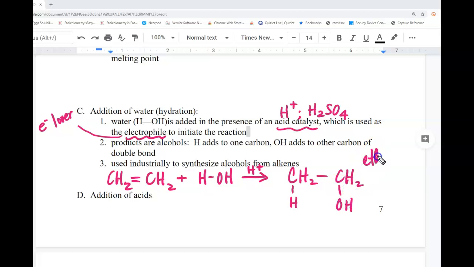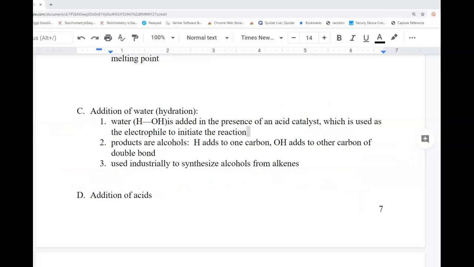So we have just now made ethanol instead of just keeping ethene. Okay, so that is the common reaction type for the addition of water. We can use the addition of water to an alkene to form an alcohol.